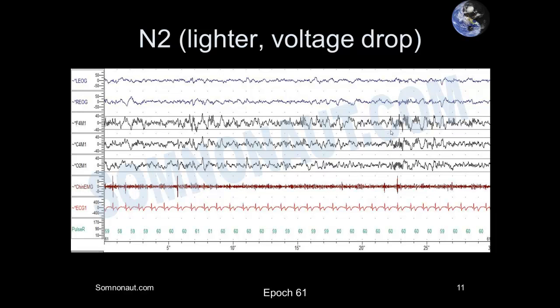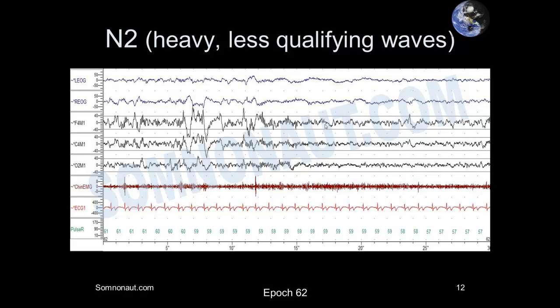This epoch lowered voltage, and only a few waves breached the 75 microvolt threshold, less than 6 seconds. So this epoch remained N2. Even though it looks pretty deep and pretty rough and bumpy, not enough of them breached the 75 microvolt threshold. Here I call this a heavy epoch because we have this huge large voltage over here, though it doesn't accrue enough time, even with all of that, to be 6 seconds.